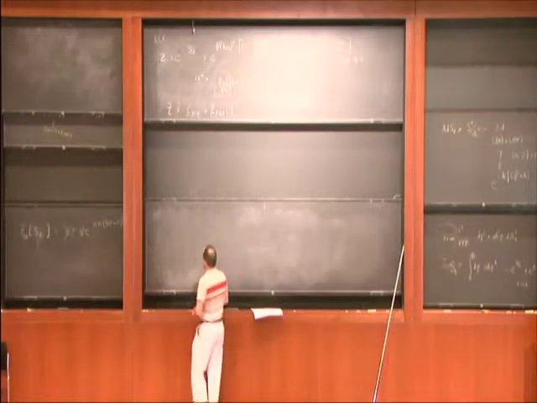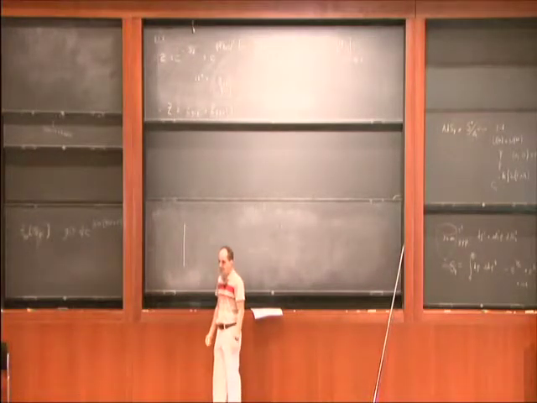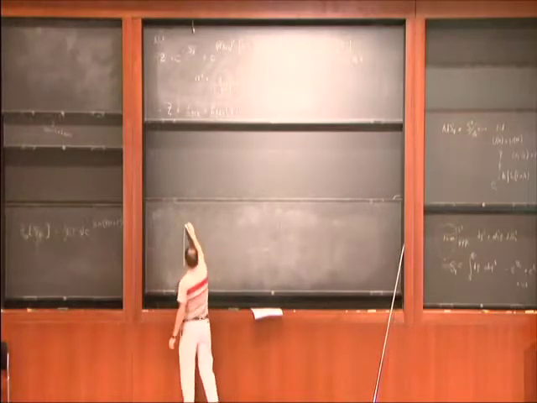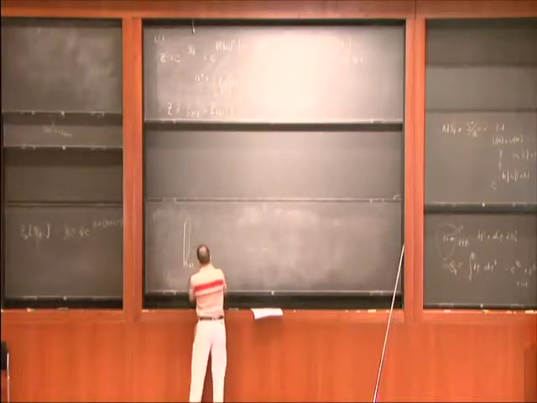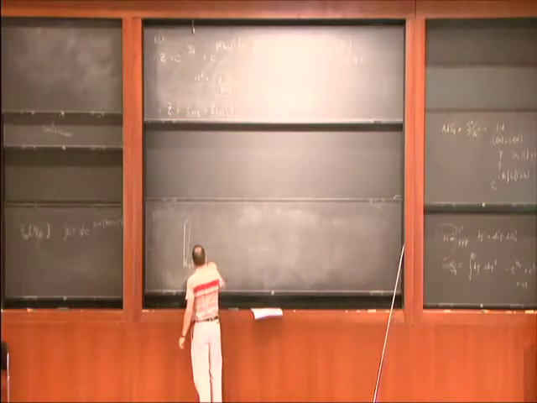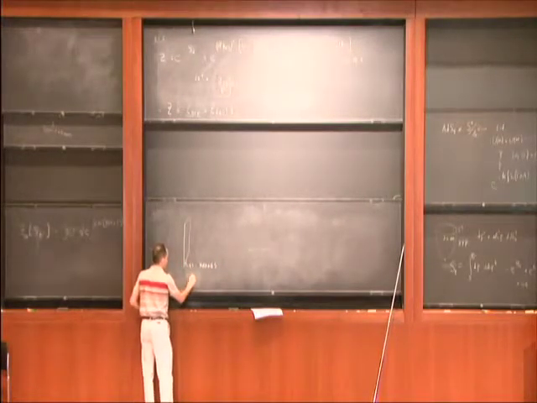The simplest one is to say that you have some branes in some number of dimensions. Let's say we have M2 branes. These are objects that have a 2+1 dimensional world volume.